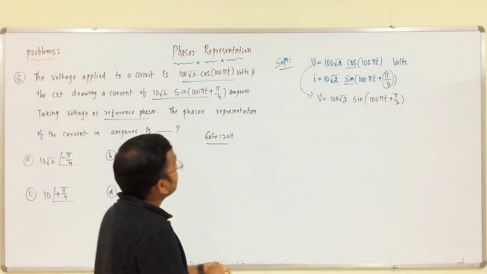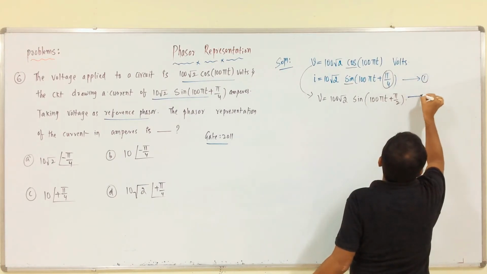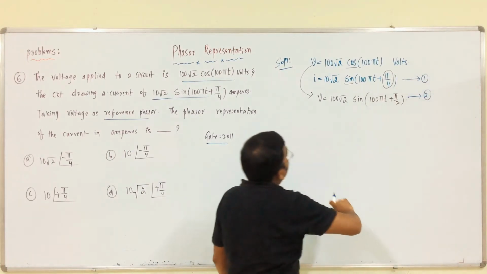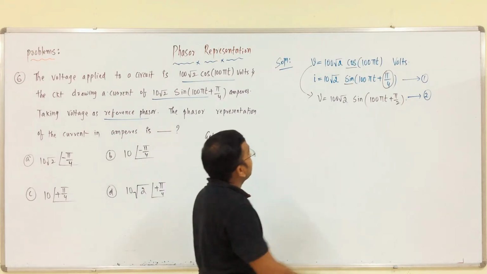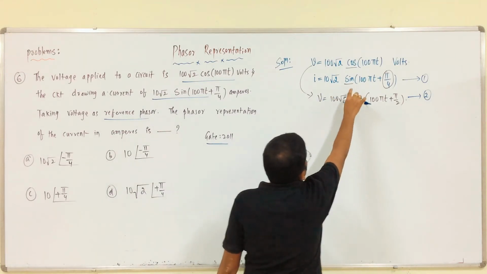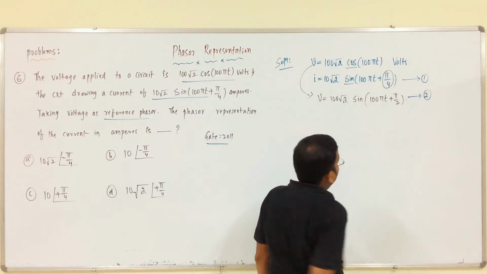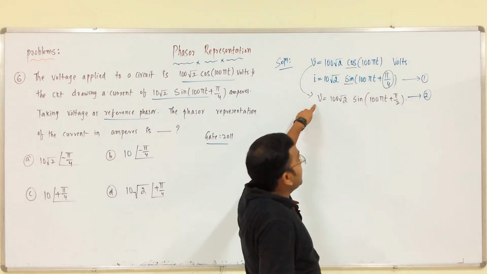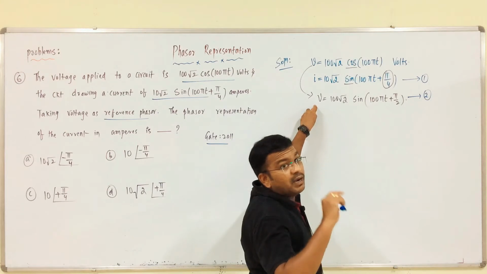So, this is for example 1, this is 2. From 1 and 2, which one is leading and which one is lagging? See, sin (100 pi t plus pi by 4), sin (100 pi t plus pi by 2). Voltage is ahead of current by 45 degrees.